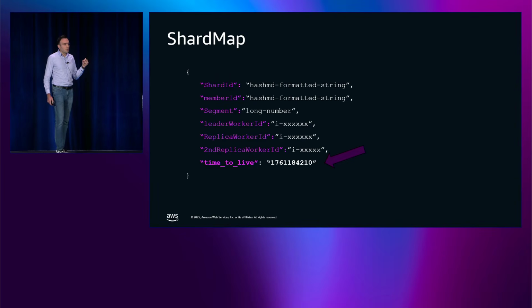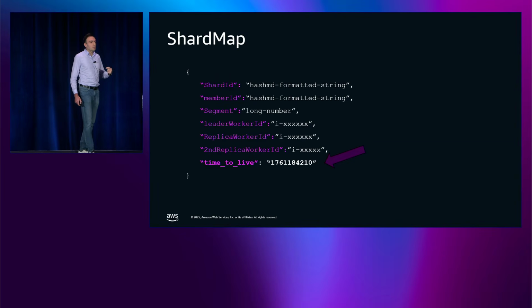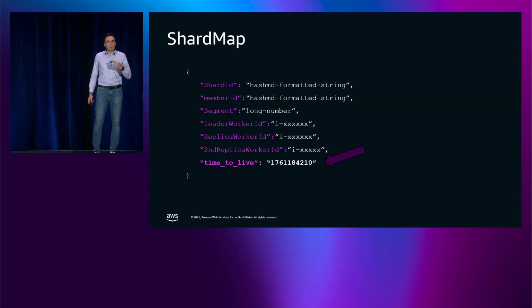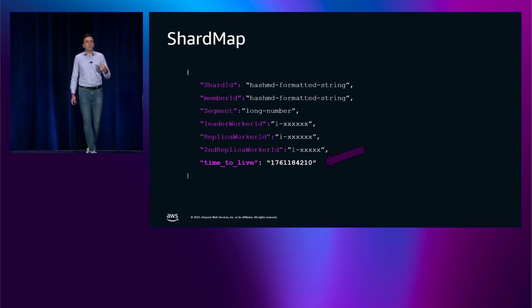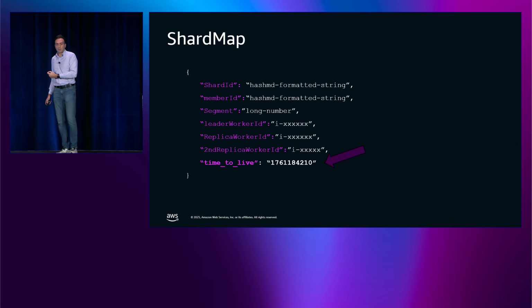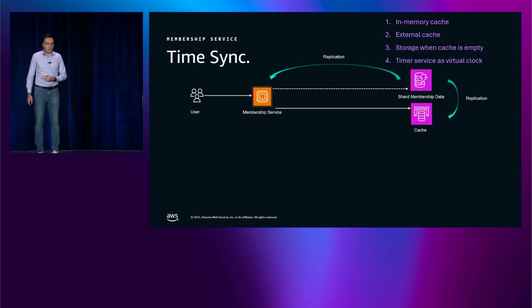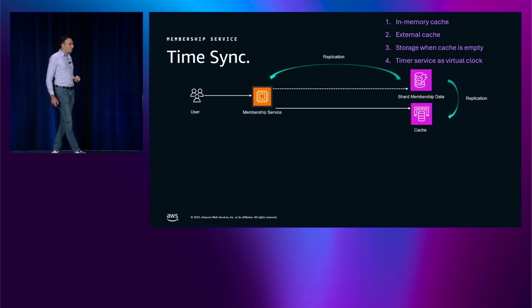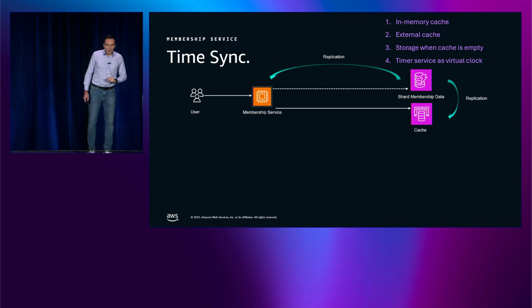If a node has any record, it also checks if this time has passed, and if it has passed, that means the record is stale, so it needs to go and get the new record. All right, so let's put that in place. Does this design work now? Raise your hand if you think this works. Okay, still one more wrinkle that we need to iron out.